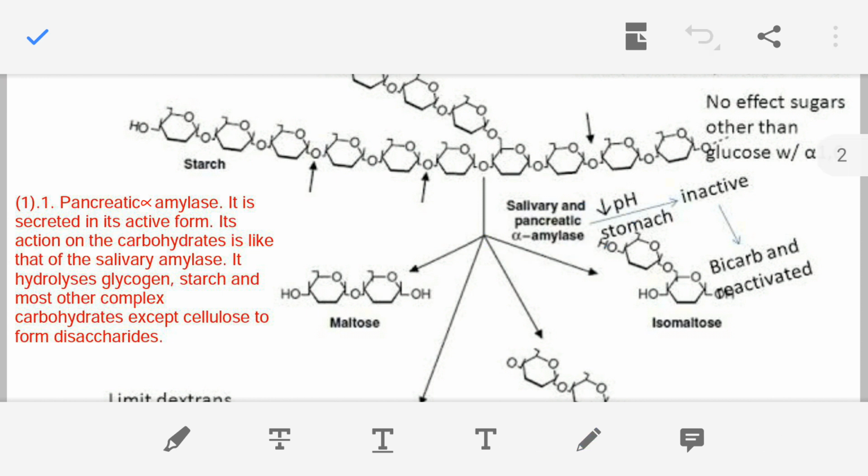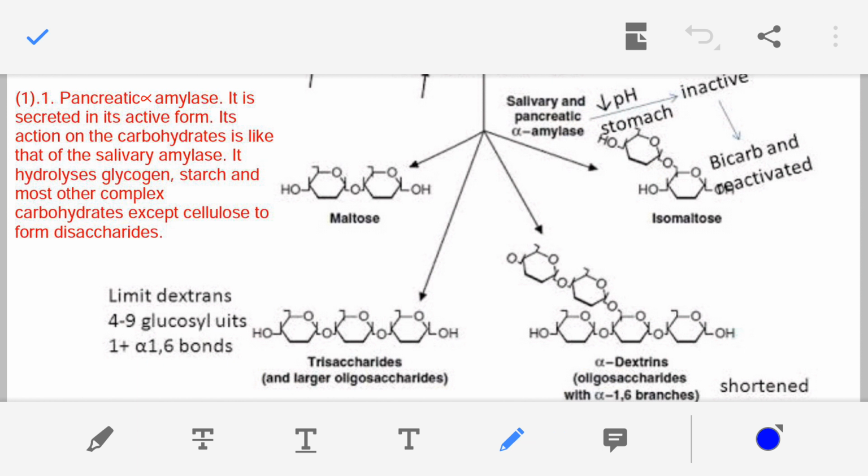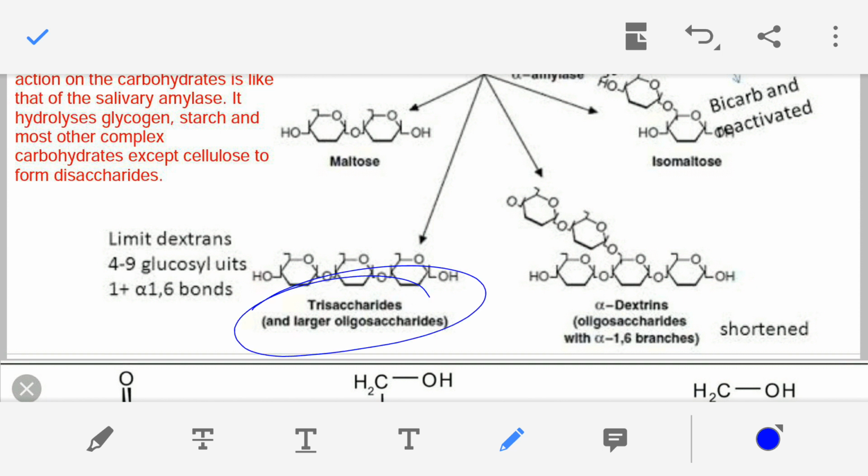alpha amylase. And what this alpha amylase is doing, it is digesting starch, it is hydrolyzing the starch, and there is a formation of maltose, then trisaccharide, and the larger oligosaccharide, that means the limit dextran, are formed.